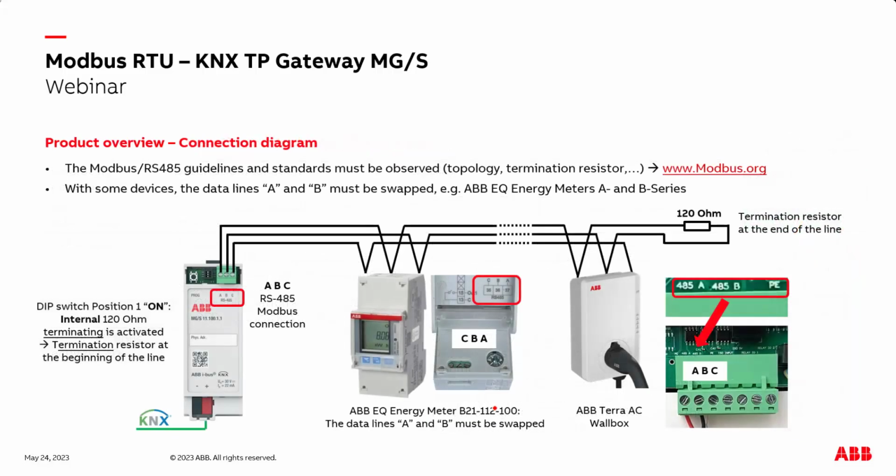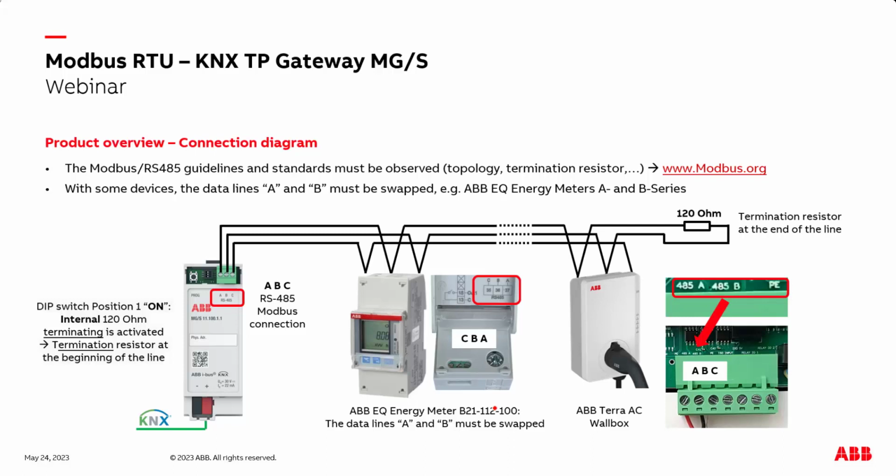Then let's come to a connection diagram with our Modbus gateway here on the left side. Remember, at the beginning and the end, we need an end-of-line resistor, a so-called termination resistor of 120 ohms. This is a system of Modbus or RS485.